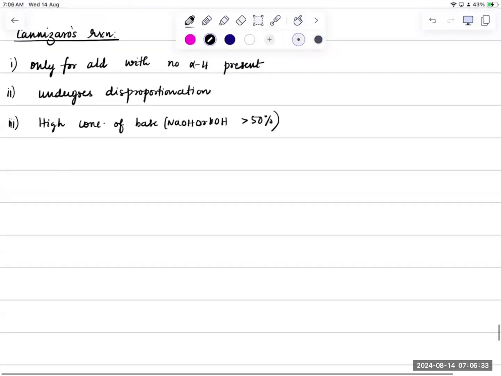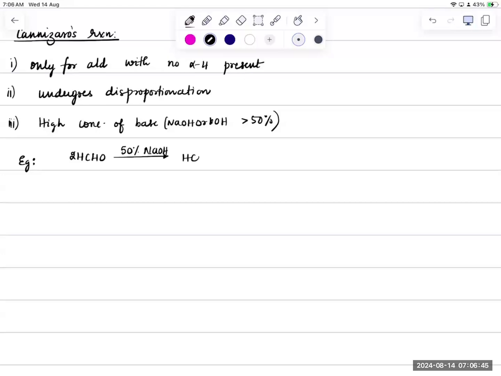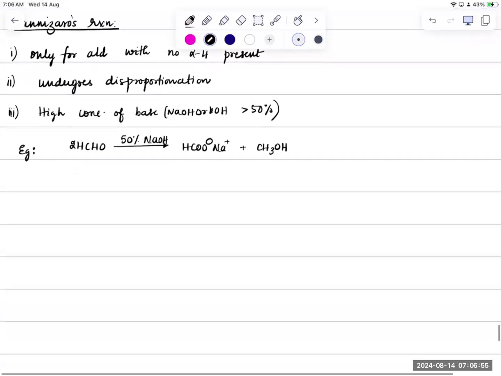Now, what is the reaction here? I'll show it with an example. If I take 2 moles of an aldehyde, formaldehyde, with 50% NaOH, then we shall get HCO minus Na plus, and the second mole will become CH3OH. So one will become alcohol, the other one will become acid.